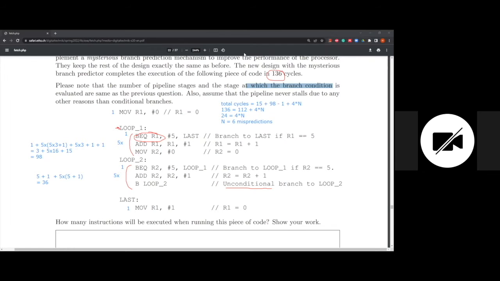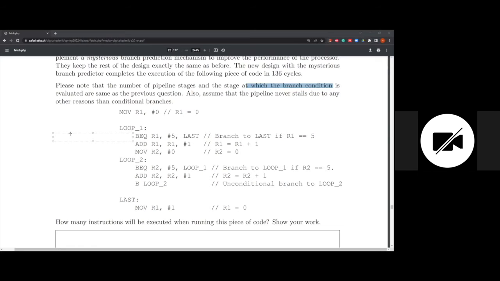Okay, I will clear all the drawings now. And let's also quickly analyze what the branch outcomes are. For the first branch, we know that it will execute 6 times in total, right?